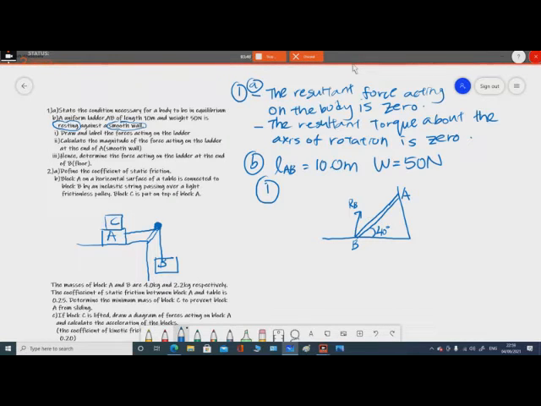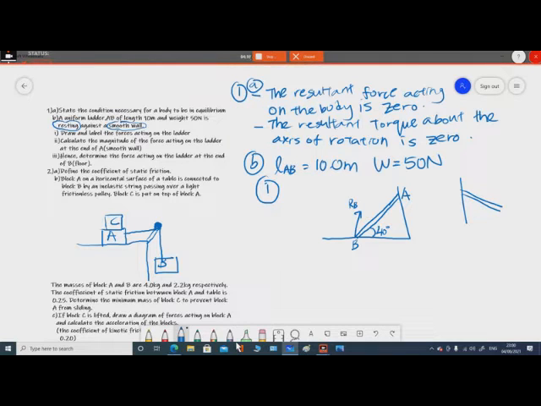Okay, so let's say this is my wall and this is my ladder. Suppose there is a friction, and this should be our resultant force, which slides down. Oops, I should draw it more clearly. Okay, this is my wall and this is my ladder.